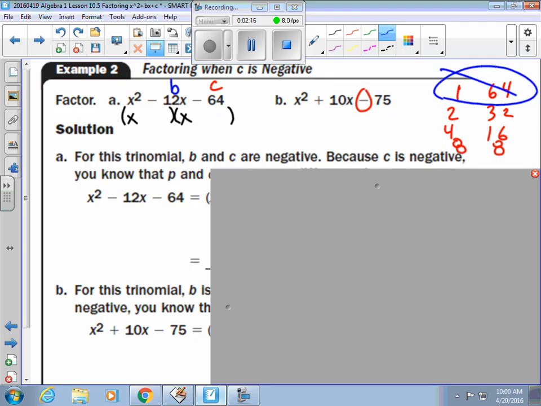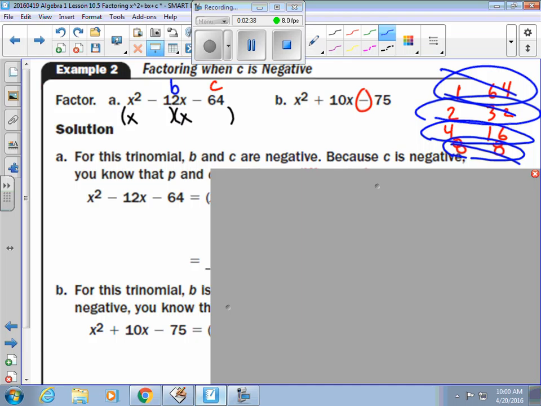That's not good. When you look at 2 and 32, you get 34 or 30. That's not the number 12. When you look at 8 and 8, I'm skipping it on purpose, you get 16 or 0. That's not good.